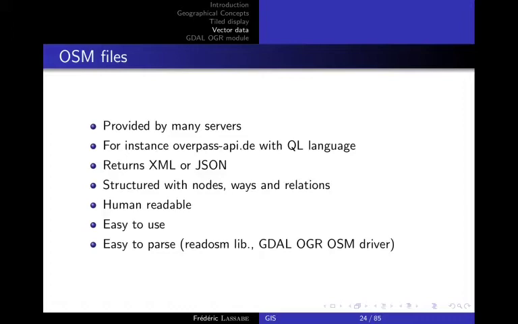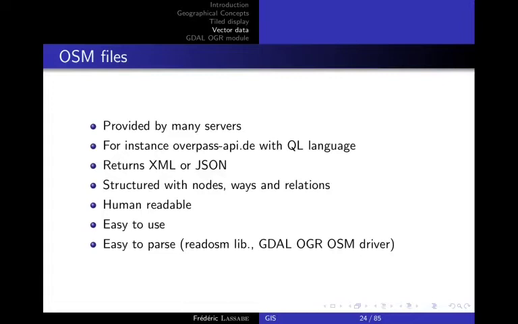Then you will have ways, which are shapes. So the ways are specified by a sequence of node identifiers, and going from those node identifiers to the corresponding nodes and their coordinates, you can draw or use the ways, shapes, and lines.